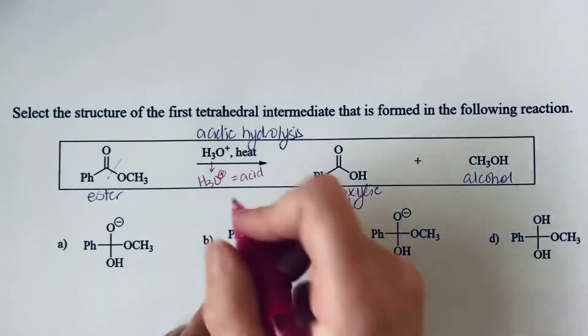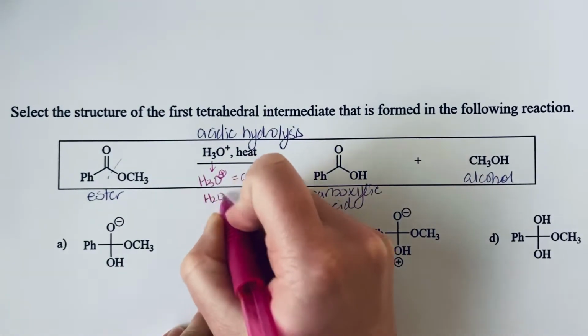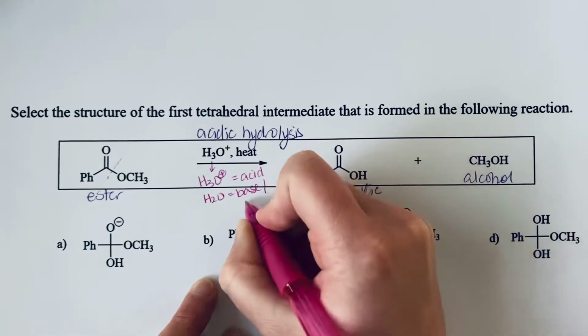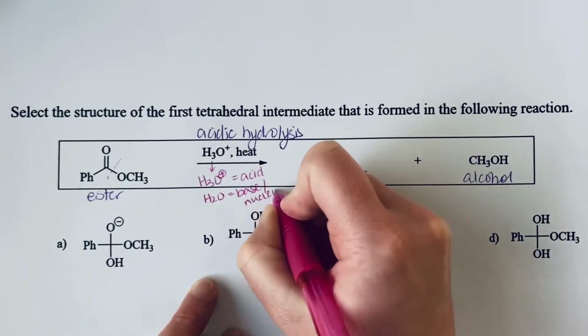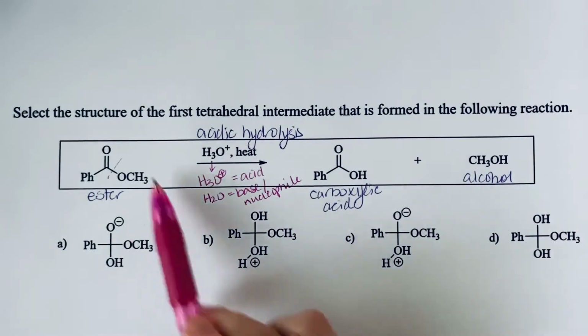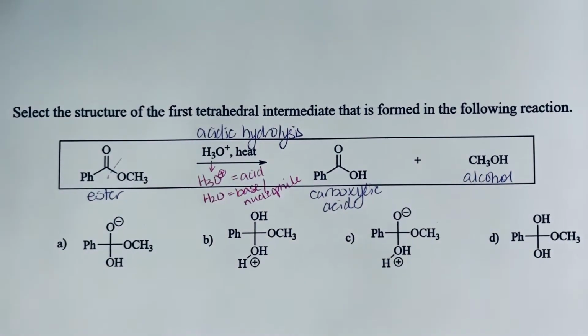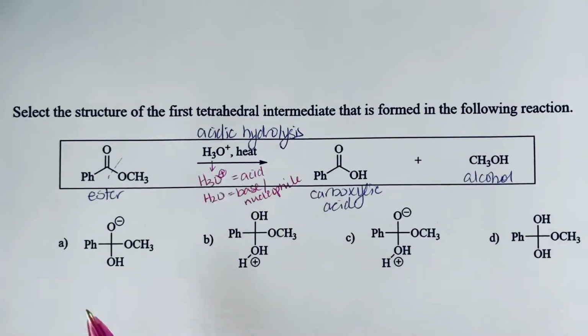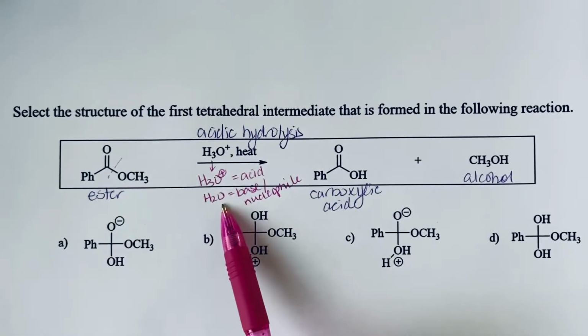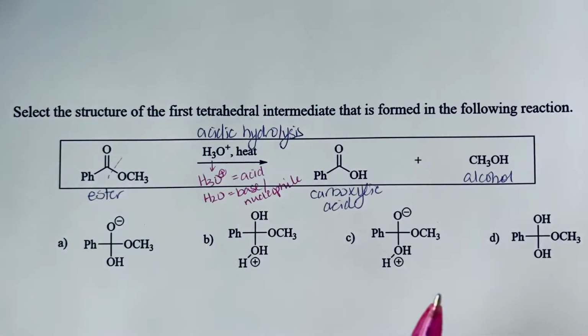The majority of the solution is going to be water, and water can function as both a base or a nucleophile, and we will see it doing both in the course of this reaction. Esters are less reactive carboxylic acid derivatives, and that's why we need an acid catalyst. A less reactive derivative and a weak nucleophile like water would simply result in no reaction.